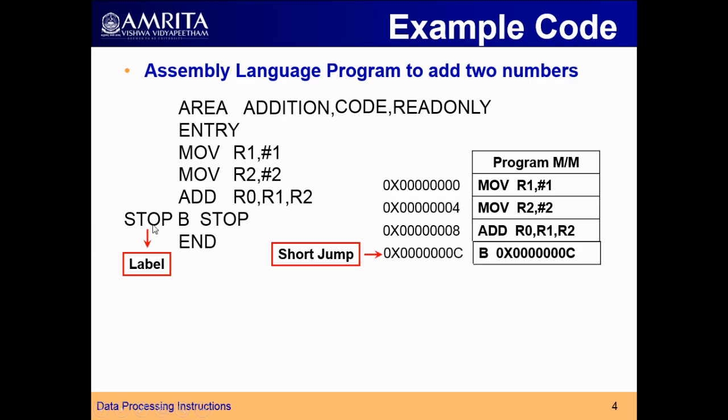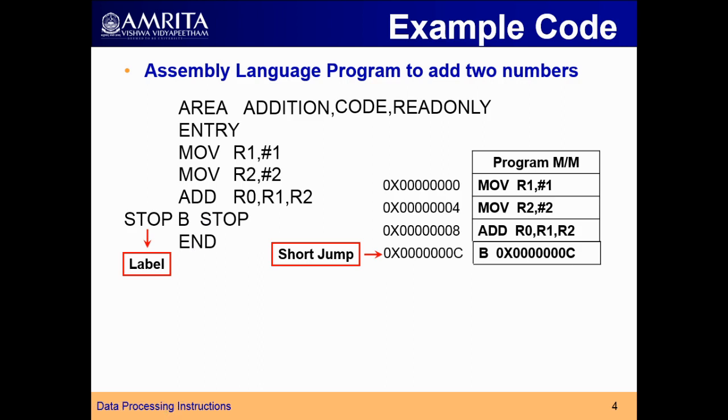Automatically this stop label will be replaced with the corresponding address. While you are assembling the program, the assembler will automatically replace this label with the corresponding address, so that your actual program will be B 00C. This label will be automatically replaced with the actual address at the time of assembly.